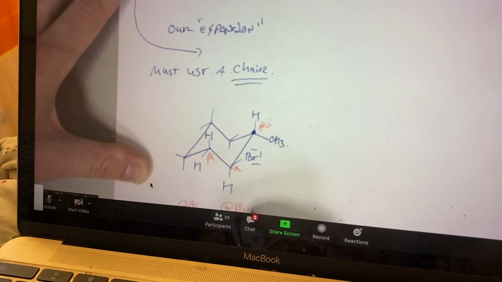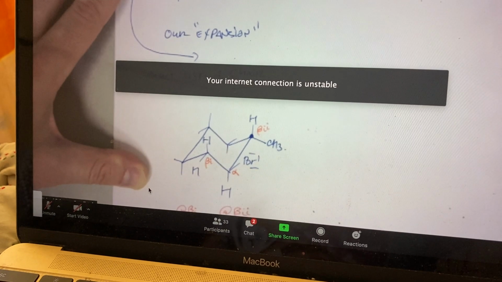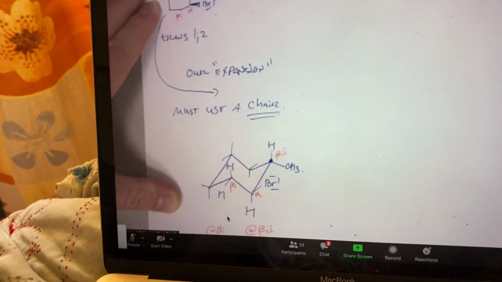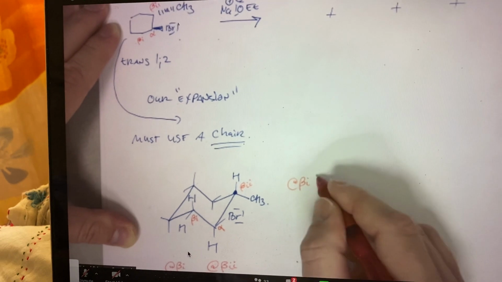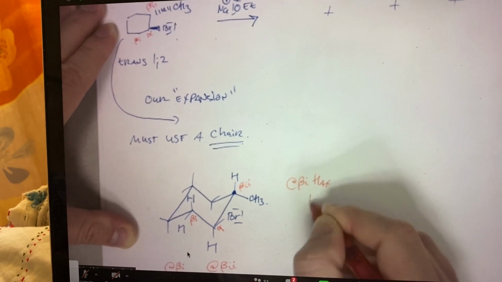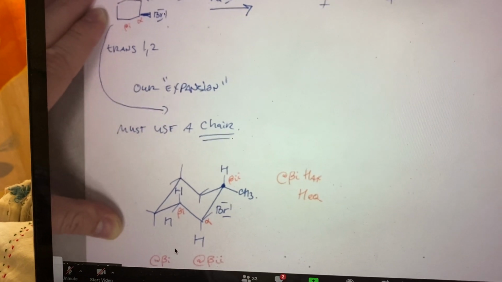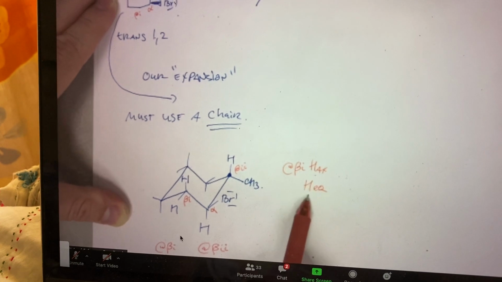Beta 2. At beta 1, we have 2 hydrogens. I'm going to write this analysis over here. At beta 1, we have an axial hydrogen and an equatorial hydrogen. Make sure you can identify them. So at this beta 1 position, we have axial and equatorial.